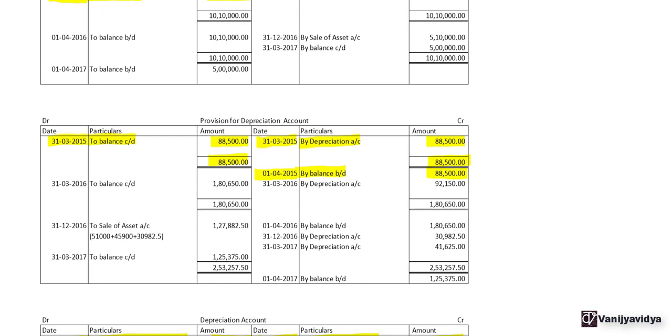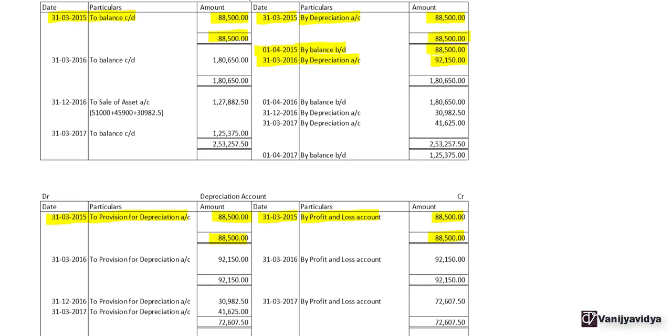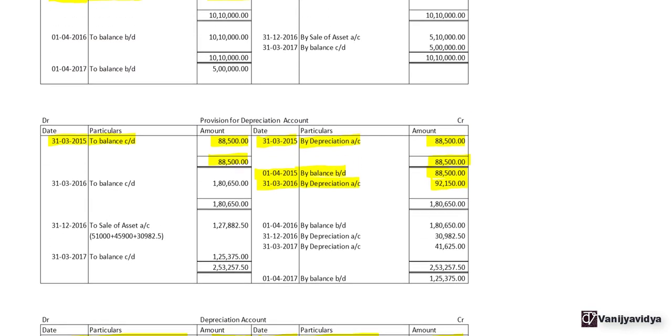On 31st March 2016 by depreciation 92,150, and on the debit side of the depreciation account, to provision for depreciation 92,150.